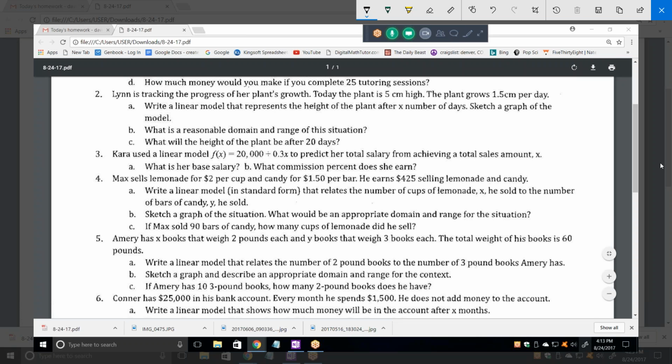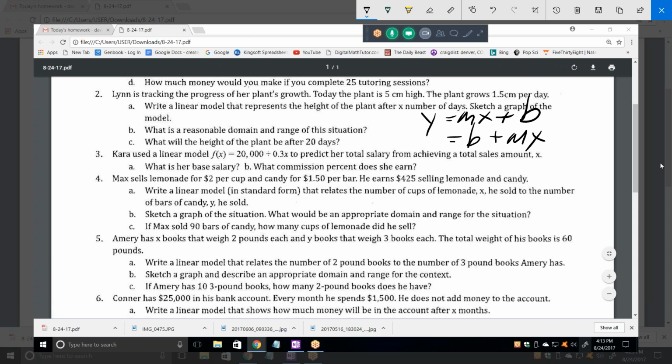All right, number 3. Here they give us the function. And notice what they do. They don't give it to us in the standard format, mx plus b. They give it to us in this format, b plus mx. Well, that's the same thing, right? In other words, the commutative property holds.